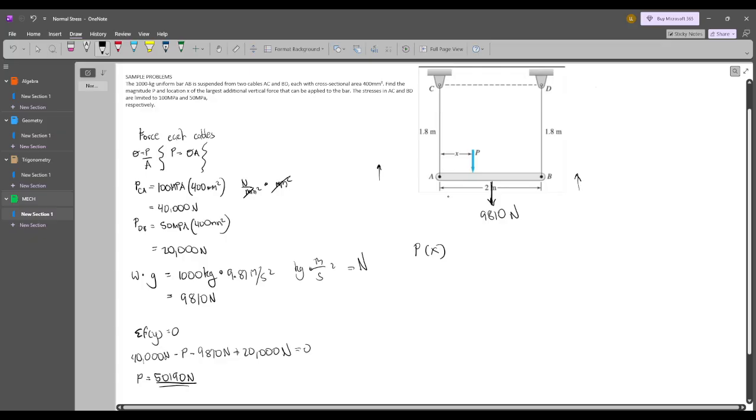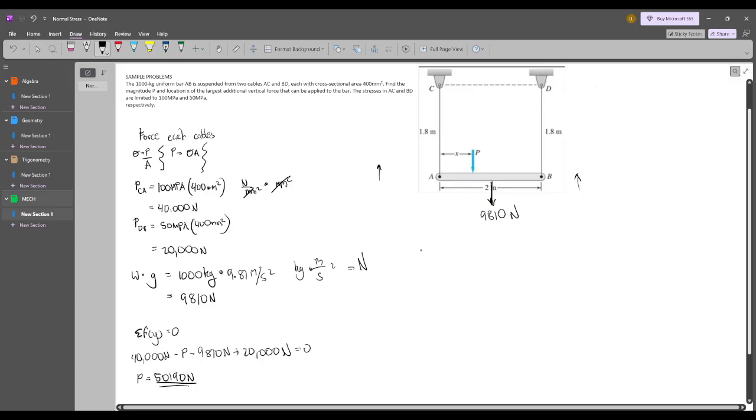Because it's simpler. If we take moment at B, we'll be getting something like this, which is kind of complicated. So to make things less complicated, we'll take moment at A.